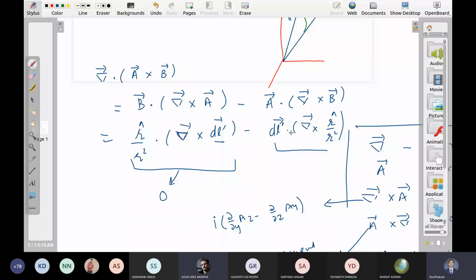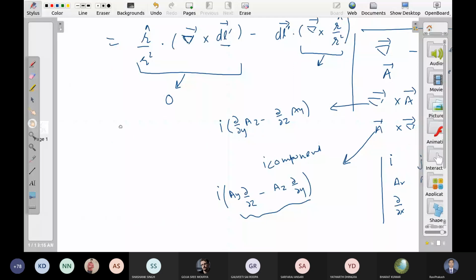Sir, that one also is 0, sir. Why? Sir, this we have discussed in tutorial class. Sir, del cross R cap by R square is 0. Right. So although it is not precisely R cap by R square, this quantity and this quantity are two different things, right?